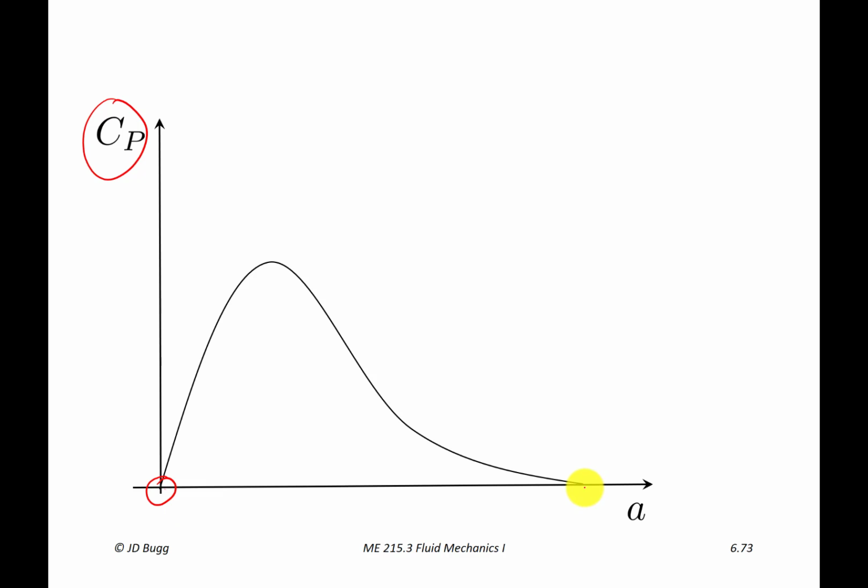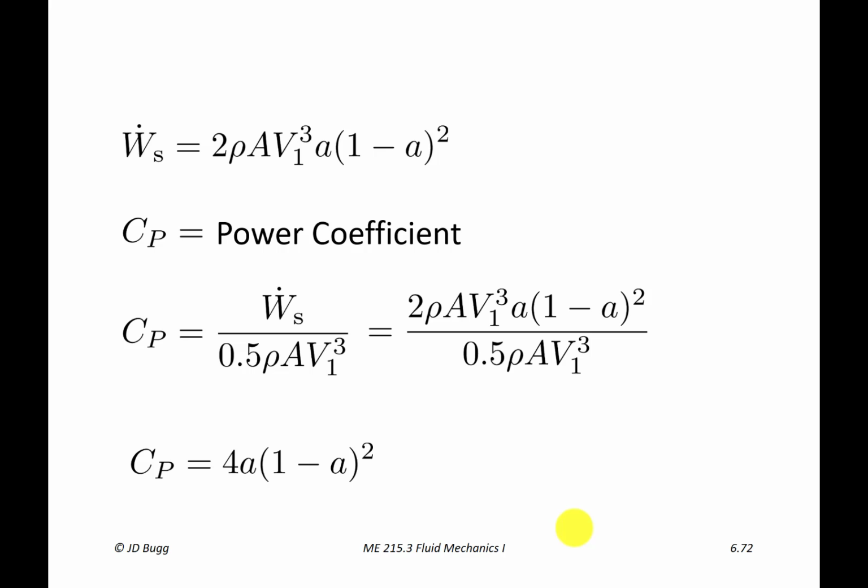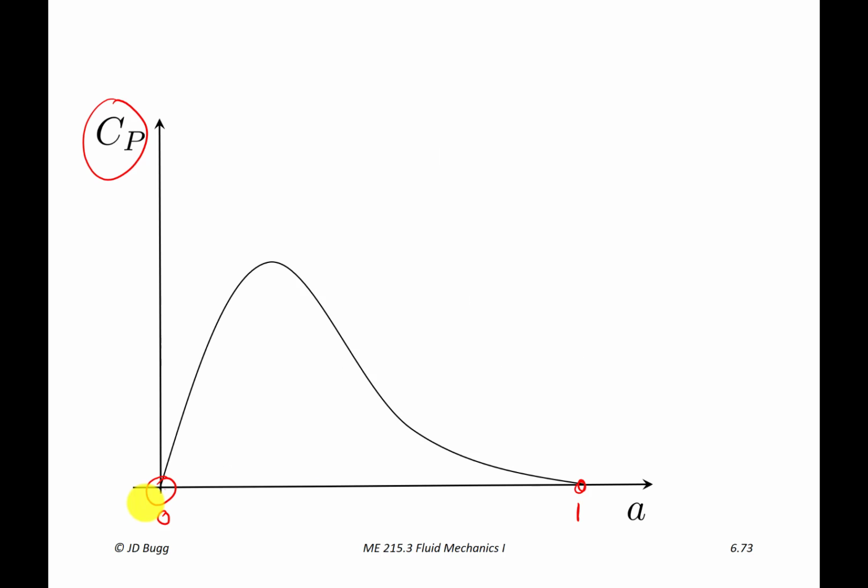The other extreme right here is an A of 1. So that's an A of 0, this is an A of 1. And if we peek back at the equation, we see an A of 1 is also going to cause the CP to be 0. So why is that? What does an A of 1 mean? So the velocity reduces as it approaches the rotor plane, and it actually comes to a stop, or comes to rest in front of the rotor plane. So this is what would happen.